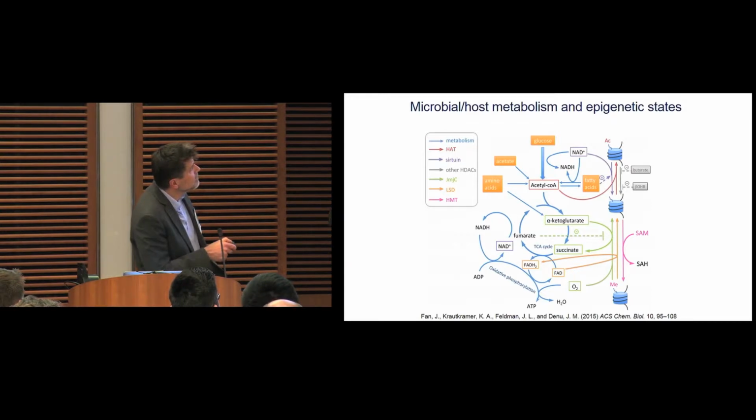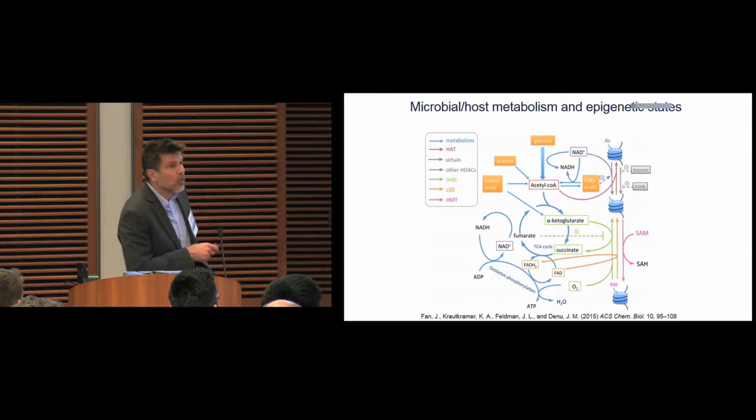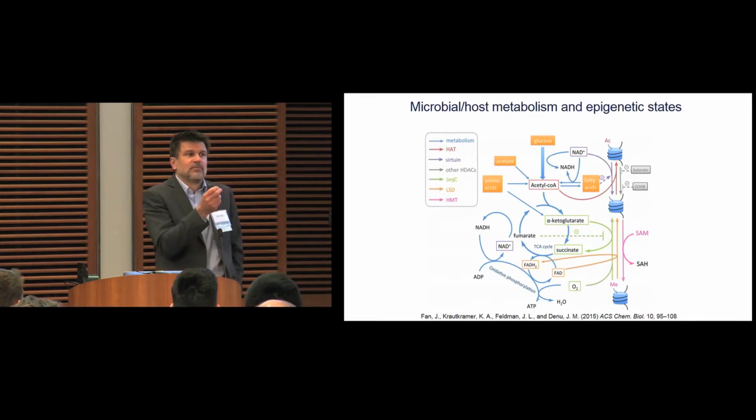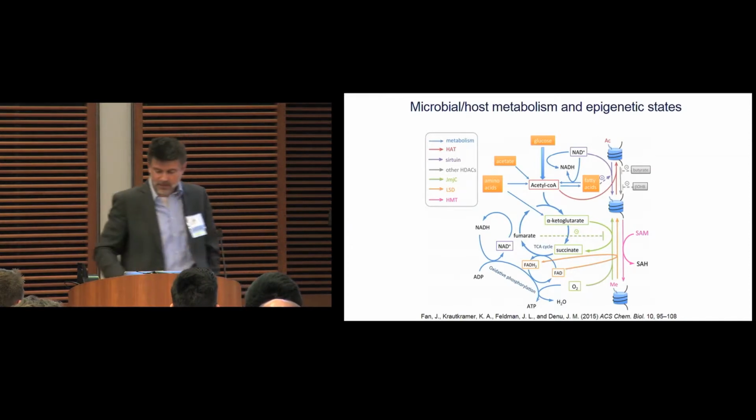But it's interesting that the enzymes that modify chromatin, modify these epigenetic states, require these metabolites. Okay, so this opens up the possibility, right, that you can alter the epigenetic state through diet, through other forms of metabolism.